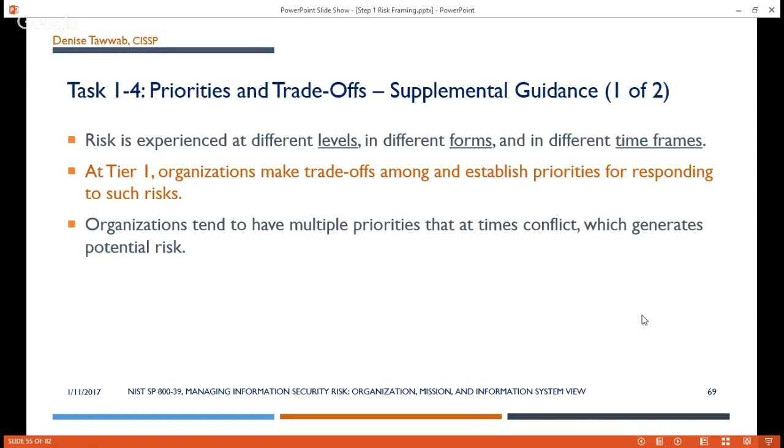So at tier one, the organization layer, the organization will make trade-offs among and establish priorities for responding to such risk. Organizations tend to have a number of priorities that at times conflict with each other, which generates potential risk as well.